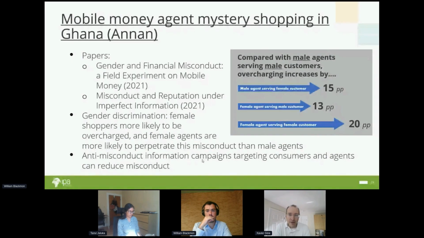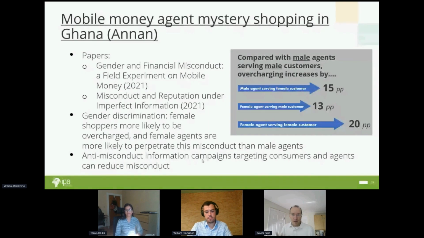I think Francis, who's the author of the study, and also a co-author of ours in this TCI project, is exploring this. But basically, he finds that female agents overcharge female customers, and they charge male customers the least.